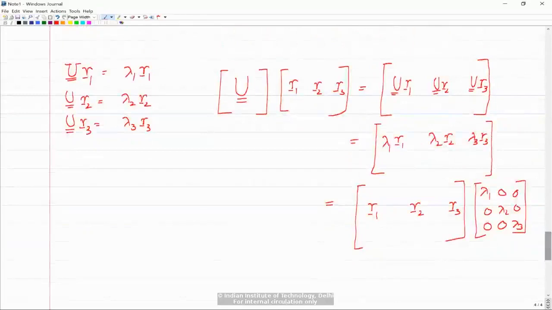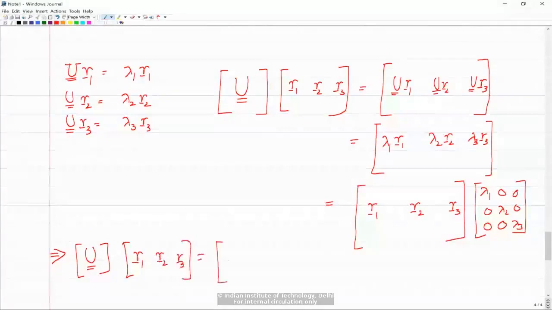So once you have come here, I can now write that U into the matrix of eigenvectors R1, R2, R3 is equal to R1, R2, R3 times the diagonal matrix with lambda 1, lambda 2, lambda 3.